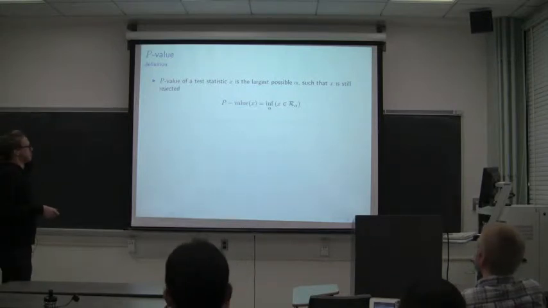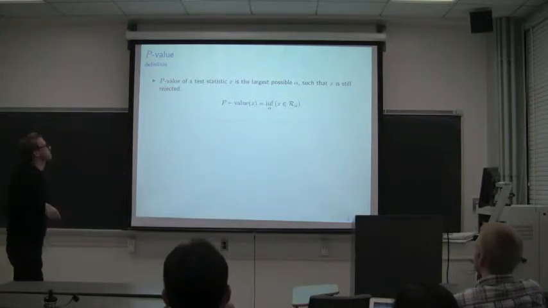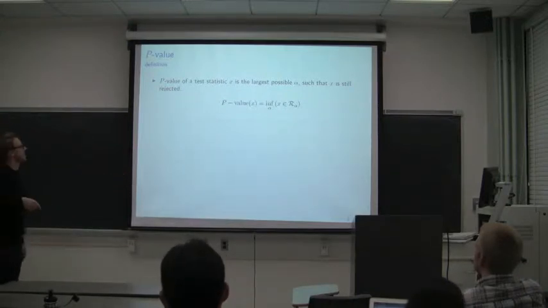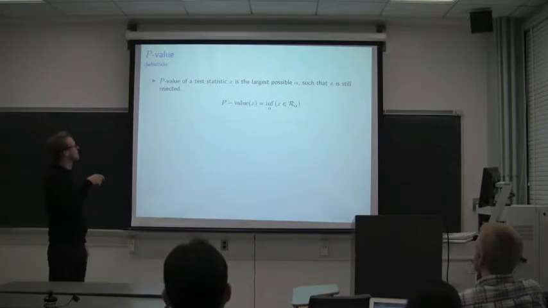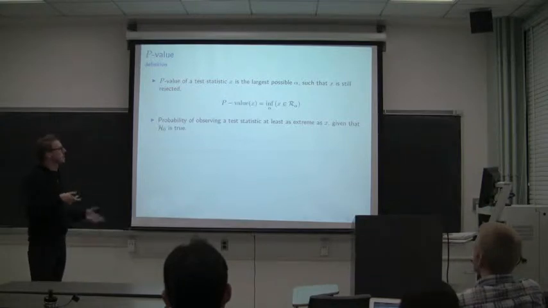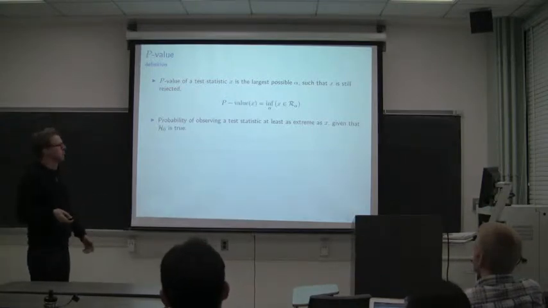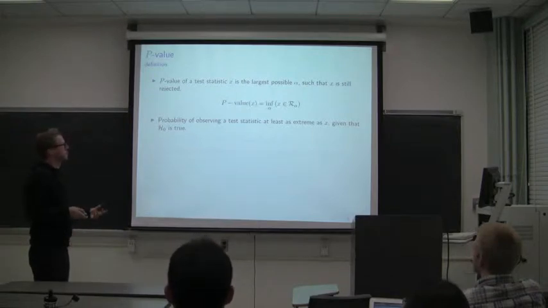The p-value of a test statistic is the largest possible alpha, so the largest possible significance threshold, such that the hypothesis would still be rejected. Which means that the probability of observing a test statistic at least as extreme as x is given by the p-value.